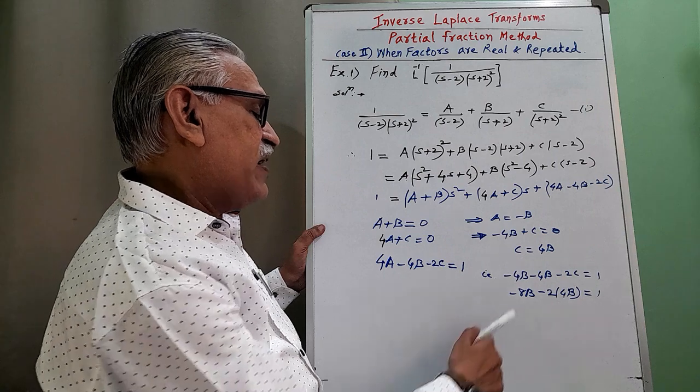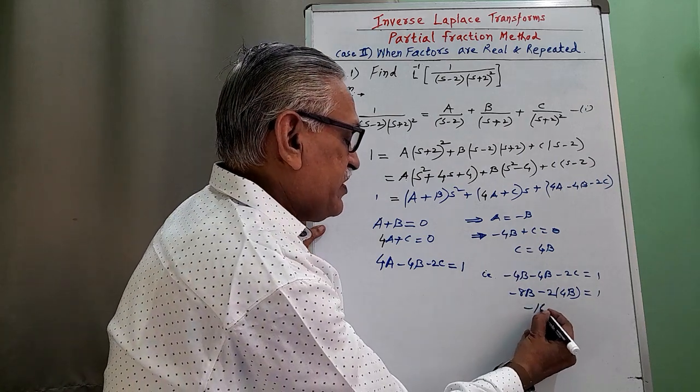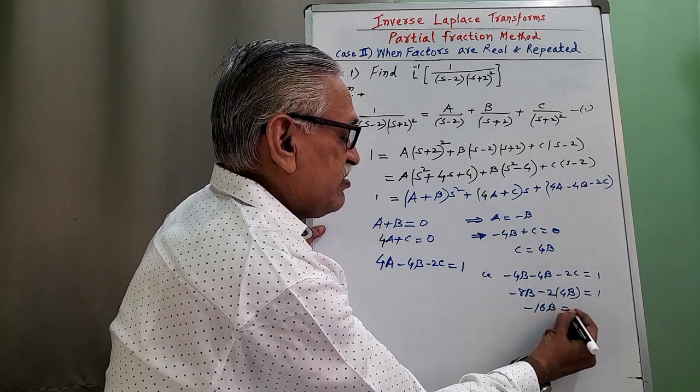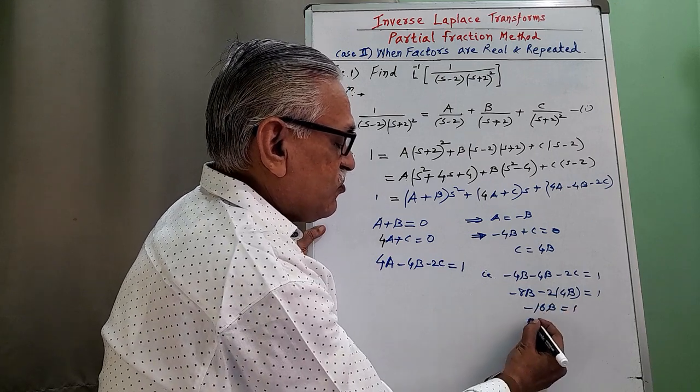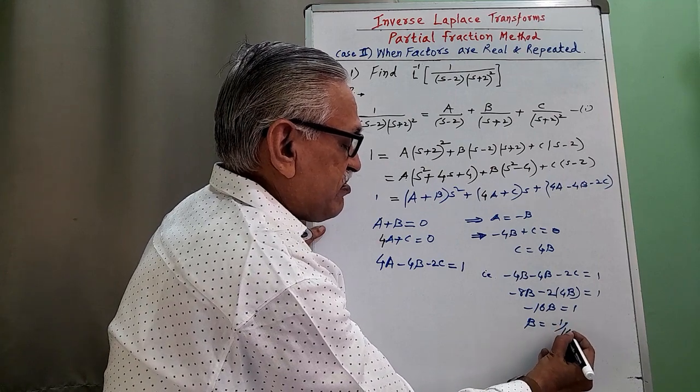We get minus 8B minus 8B as minus 16B is equal to 1, and therefore we get the value of B as minus 1 by 16.